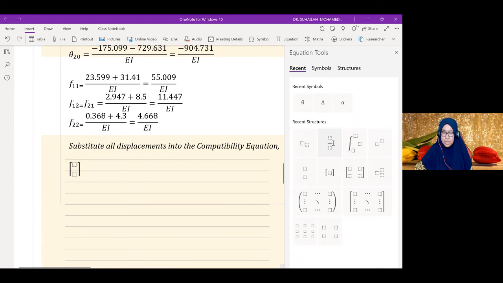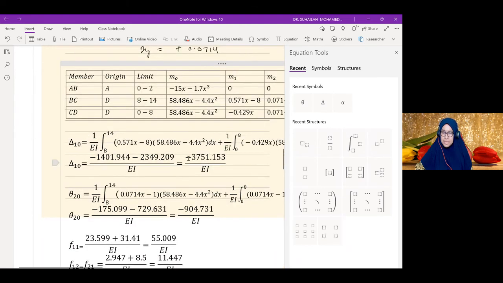It is 1 over EI. Okay, the first value is negative.